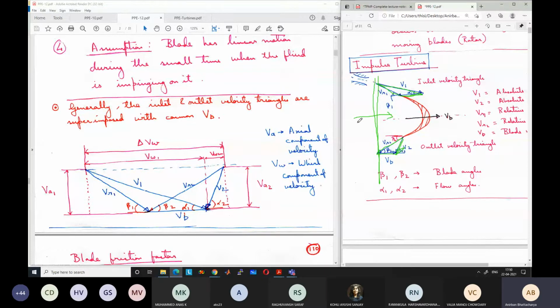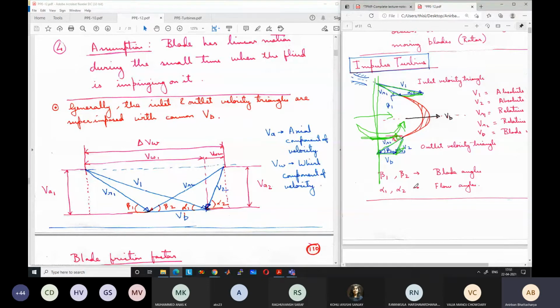You can imagine that the shaft is aligned in the plane of the paper, and the rotation occurs from inside the plane of the paper, comes out of the paper, and again goes back inside. So for the short duration, here the velocity is vb, what we have drawn here. I hope this is clear. So the horizontal direction is whirl direction, the vertical direction is axial direction.